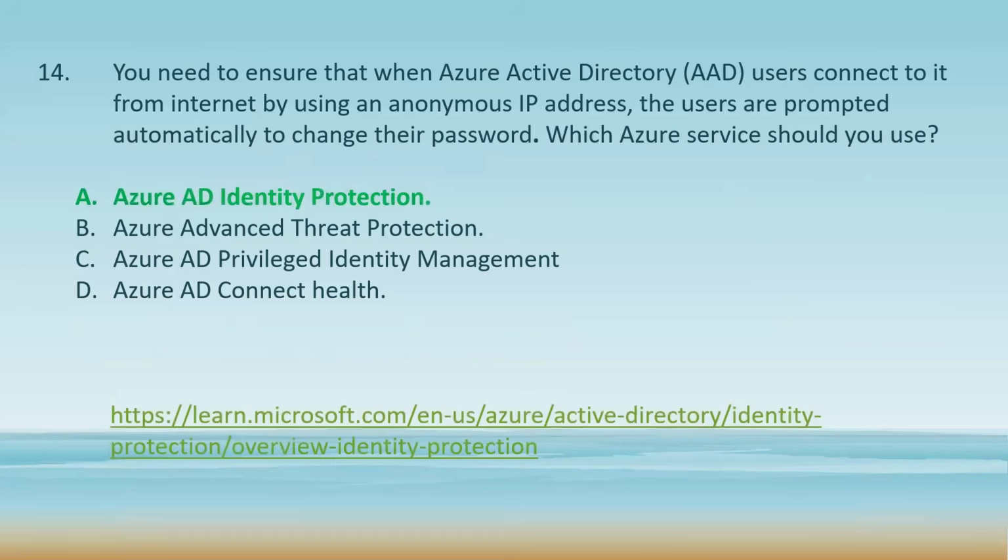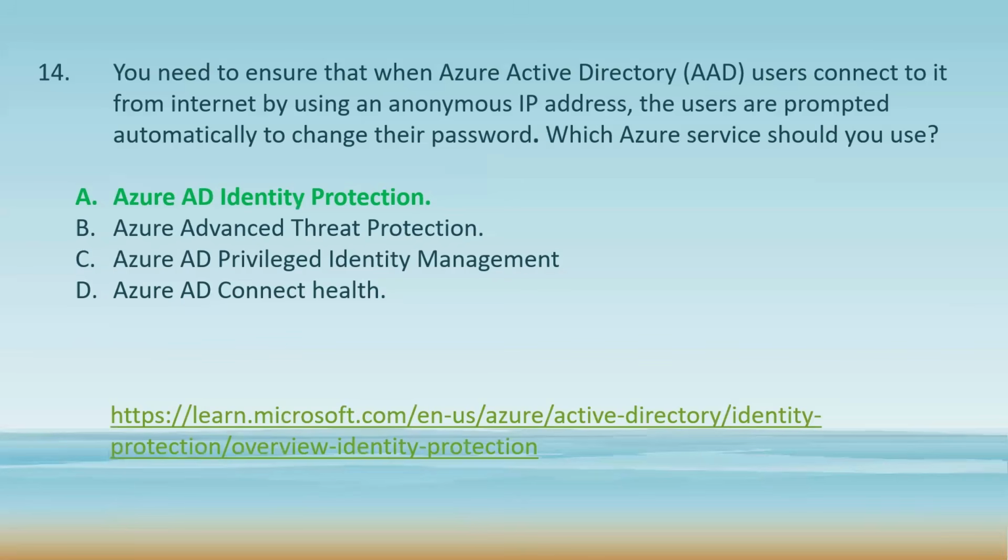So the right answer is option A, Azure AD Identity Protection. Identity Protection allows organizations to accomplish three key tasks: automate the detection and remediation of identity-based risks, investigate risks using data in the portal, and export risk detection data to other tools.